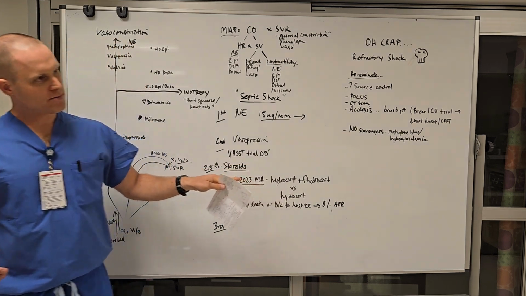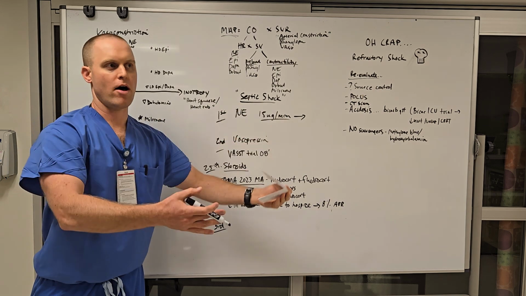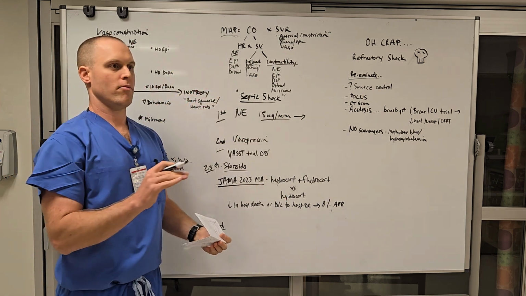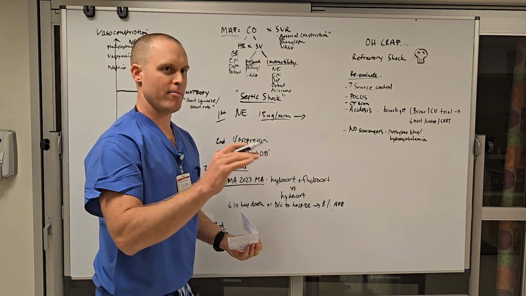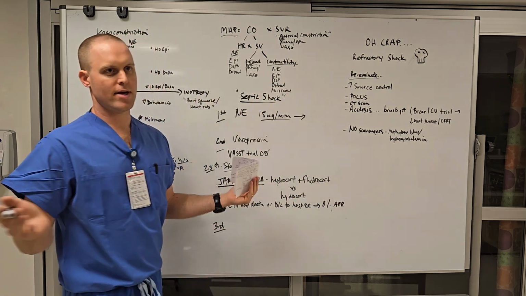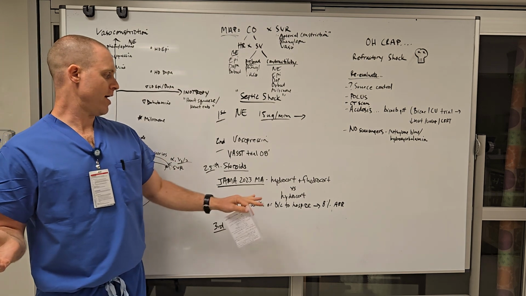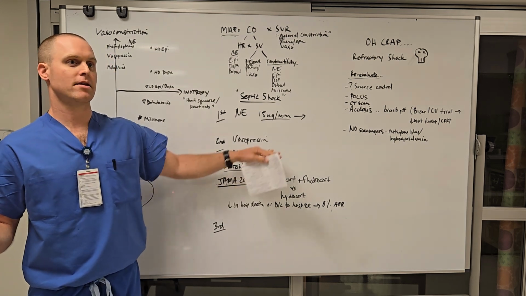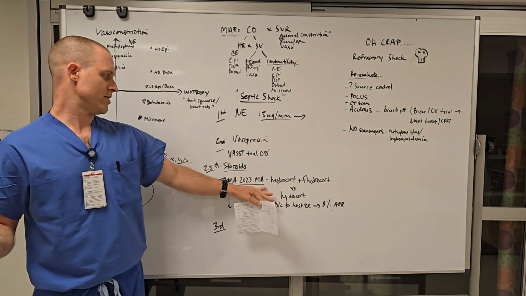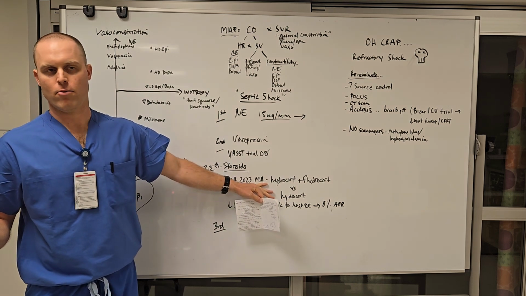Now, caveat, sometimes I'll look at a patient and say, they just need a little more volume. They got a UTI, we got them on the right antibiotics, we're cresting the curve, and do I need to hit them with 7 days of steroids? Probably not. But if they're not going in the right direction and you're escalating your doses of vasopressors, I think this is certainly becoming more in vogue in terms of what we should be doing.